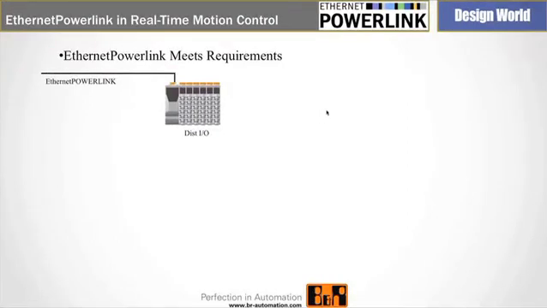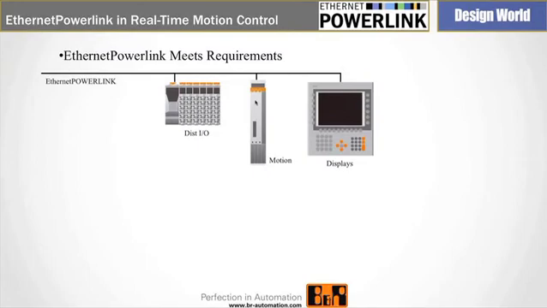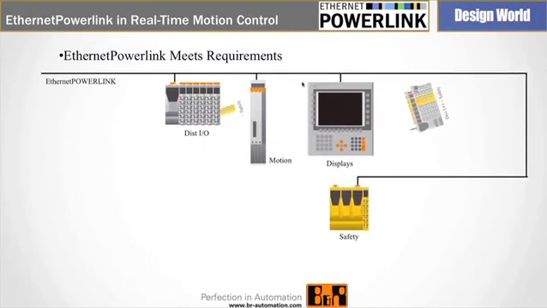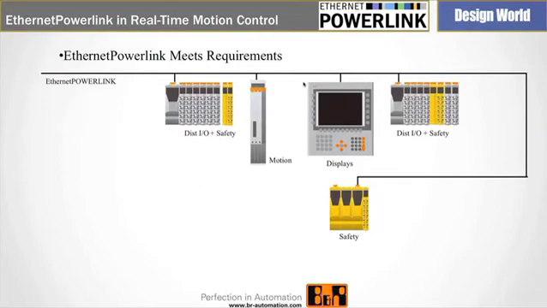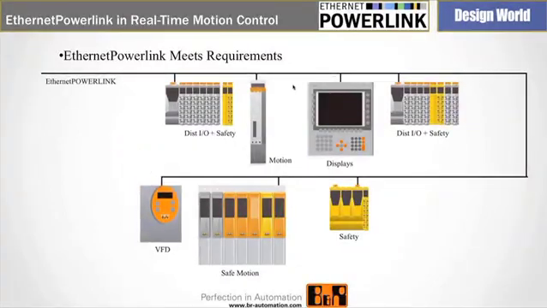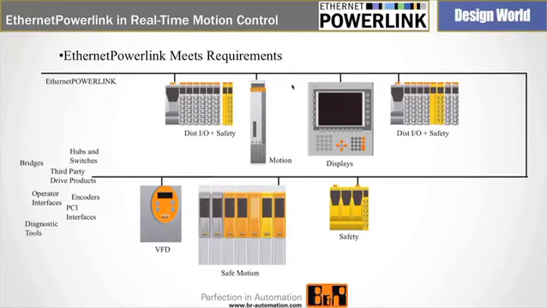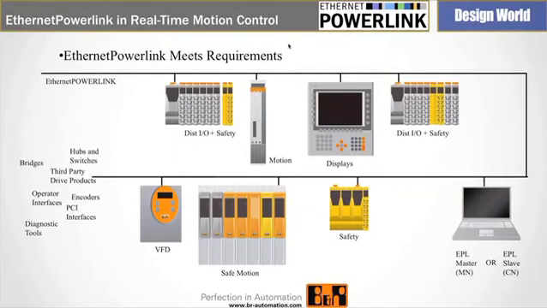Obviously distributed I/O, which you would expect, motion, which we've already spoken about, displays, HMIs, safety devices, safety I/O, which is directly put into the distributed I/O, safe motion products, variable frequency drives, other devices such as encoders, operator interfaces, PCI devices, diagnostics tools, etc. Also available from SourceForge is Open PowerLink, where you can get the source code for EPL masters and EPL slaves to run on standard PCs. So you can use those as a master or a slave, a controlled node on the network.